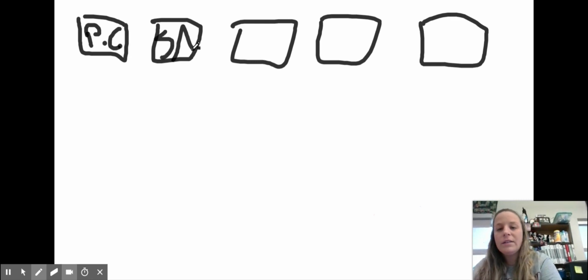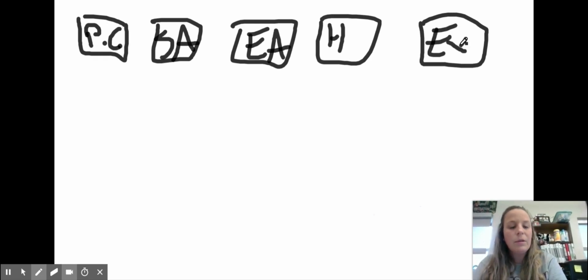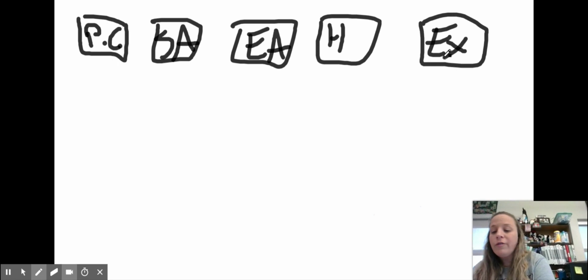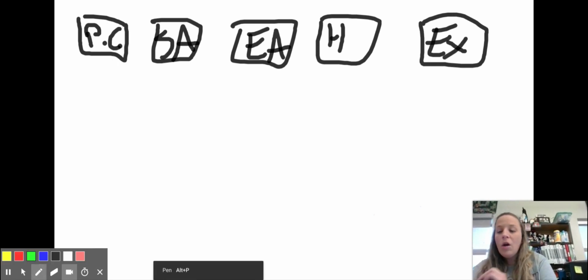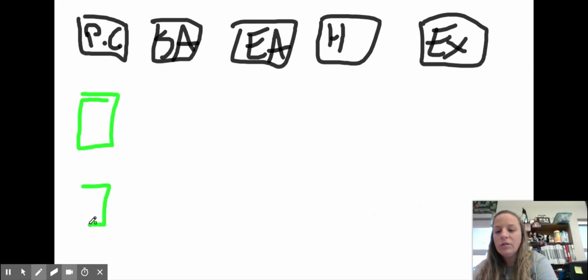Then we have starting as, you have ending as, you have the heat one, just going to put an H for heat, and you've got the example box going straight across the top. Those are purple. I just don't have a purple pen to work with here. Your 4 green boxes, whatever order you want to do them in, put them right under this phase change. I'm out of room, but you get the point.